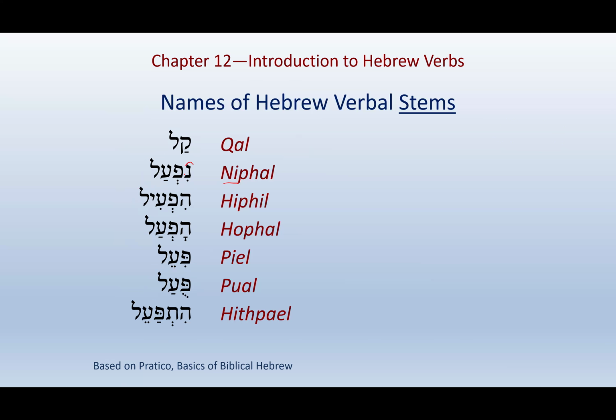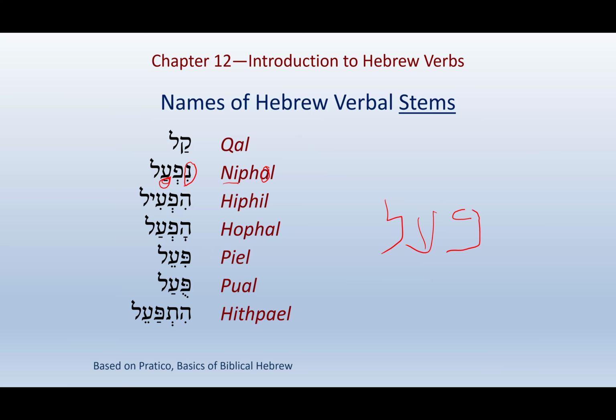We see the nun, and there's the nun, and here's the patah, Niphal. So what do you do to this word for verb or this word for work? What do we do to it for these different stems?